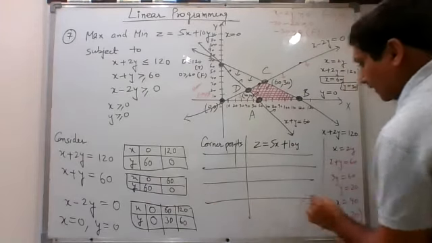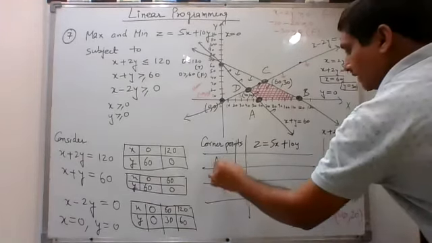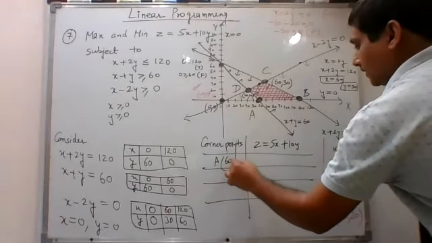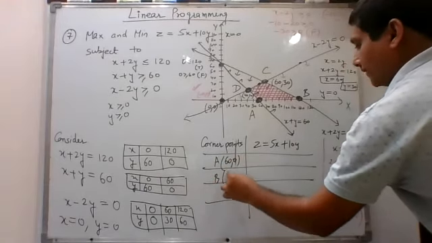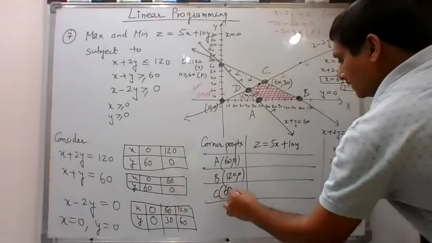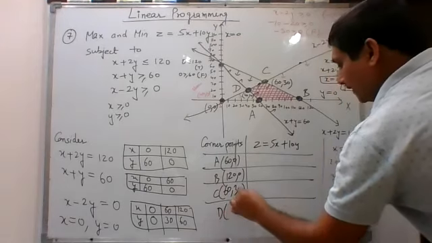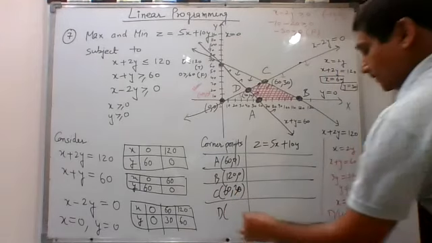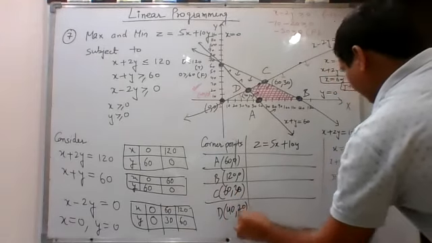Here again we are getting 4 corner points. A will be 60, comma 0. Coordinates of B are 120, comma 0. C, as you had found, is 60, 30, and D was 40, 20.